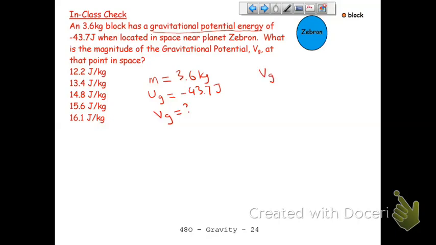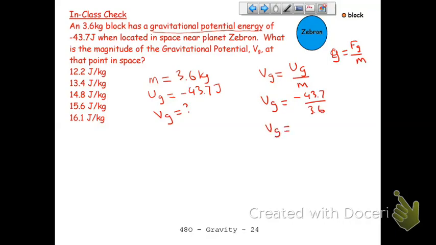And I know that VG is equal to UG over m, just like I knew that little g is equal to FG divided by m. Yeah? So VG is equal to minus 43.7 over 3.6.